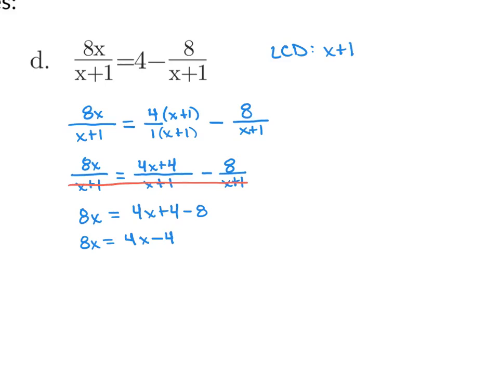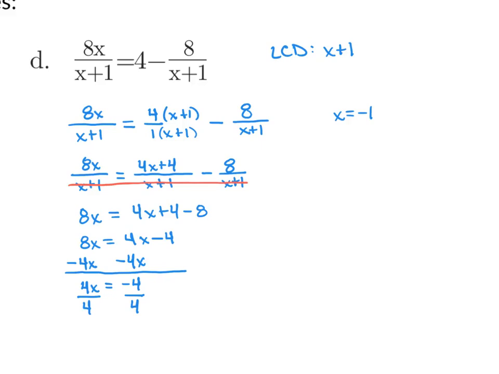This is a linear equation, so I'm going to move all of my variables to the left. And we get 4x equals negative 4. I can divide both sides by 4, and we get x equals negative 1.